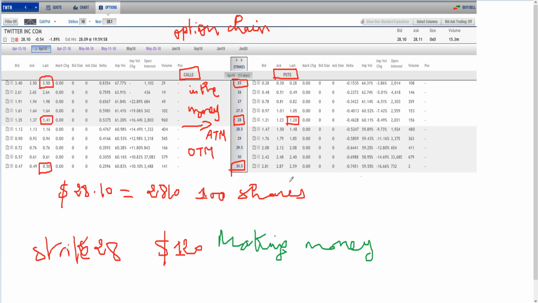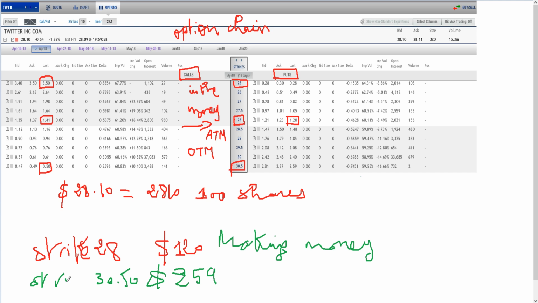Now, if you want to buy the $30.50 strike, okay, so you will be paying $259. Now, why are you paying more? Because you took the $30.50 strike.